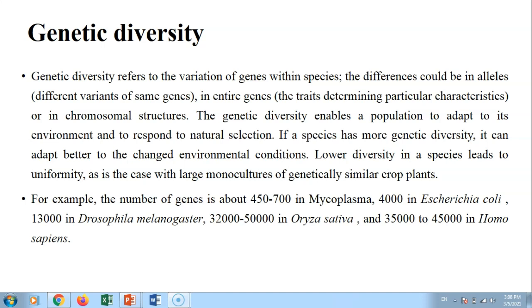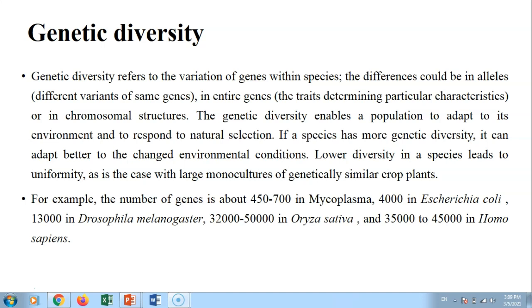For example, if you have two examples. Genetic diversity refers to the variation of genes within species.